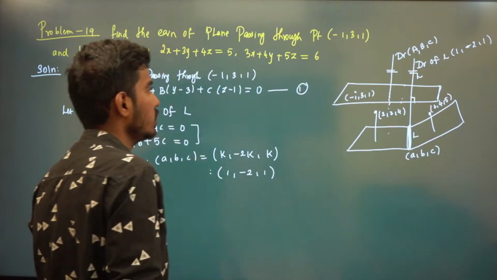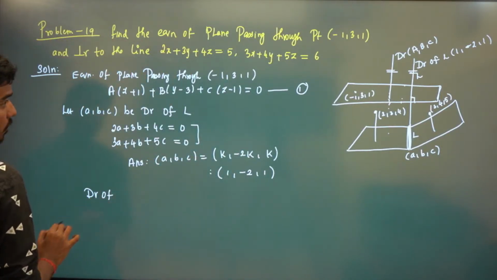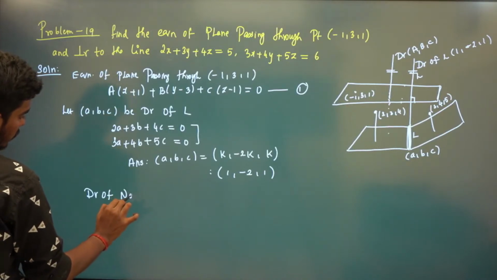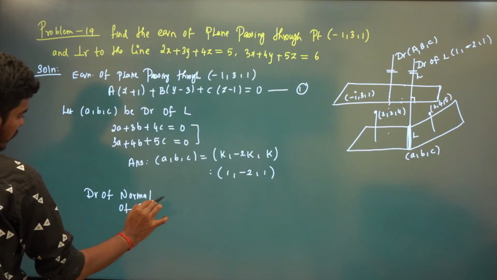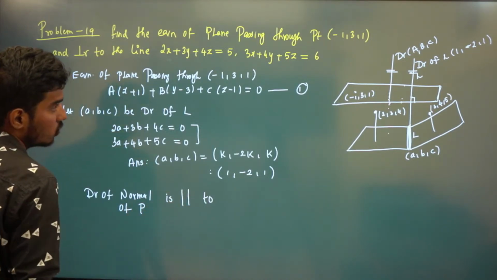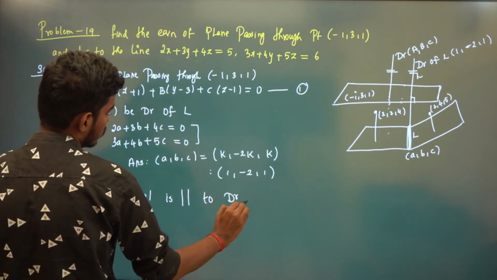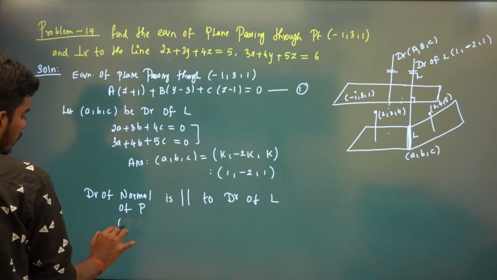They are proportional. So we have the direction ratio of the normal of the plane P is parallel to the direction ratio of L, right? So what is the direction ratio of the normal to P?